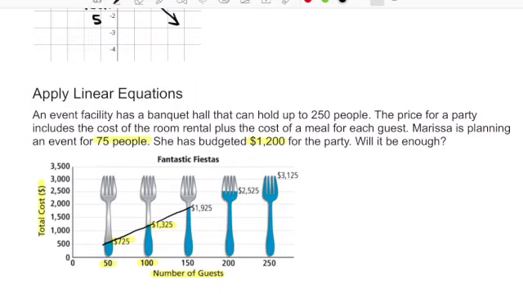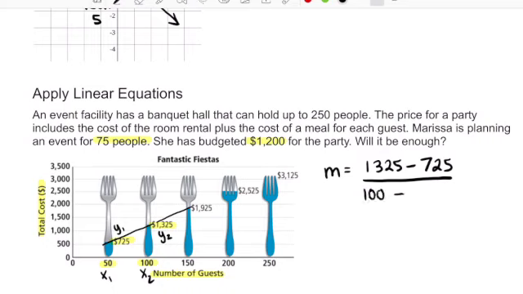Let's first start with the slope. So 50 will be our x1, and 725 will be our y1, and then 100 is x2, and 1,325 is y2. So let's find our slope. y2 is 1325 minus y1, 725, over x2, which is 100, minus x1, which is 50.